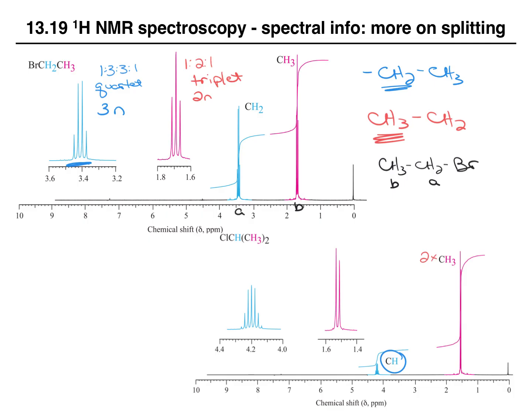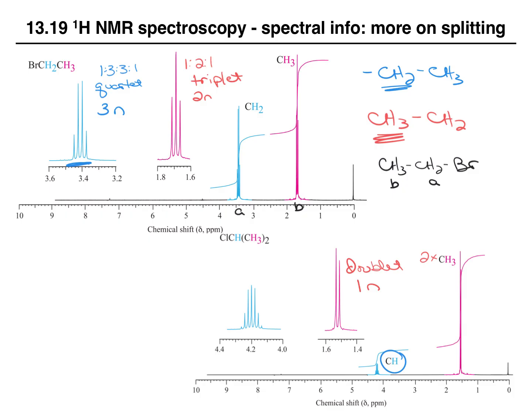If we look at the zoom in of the pink signal, we can see that it is a doublet. We have 2 peaks of about equal height, and so this is a doublet, which means the hydrogens that give rise to this signal have only 1 neighbor.